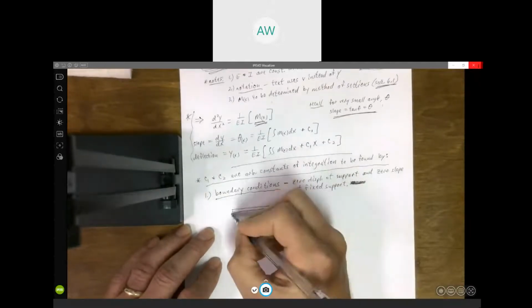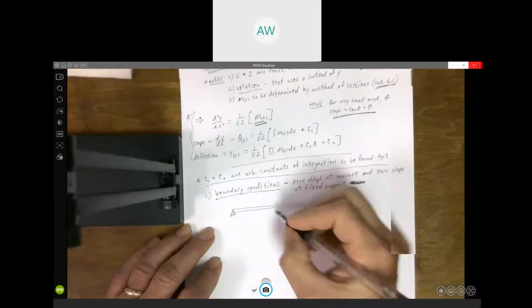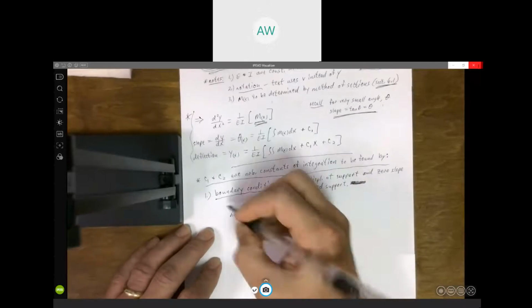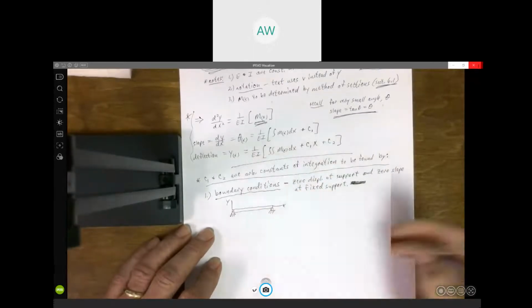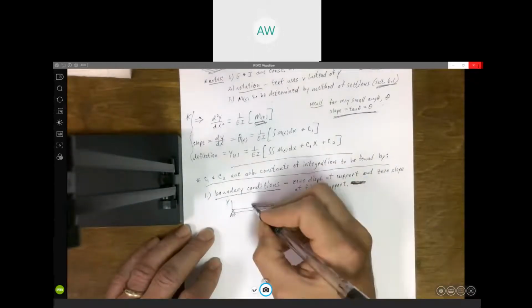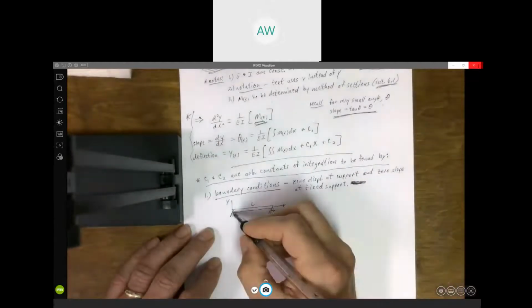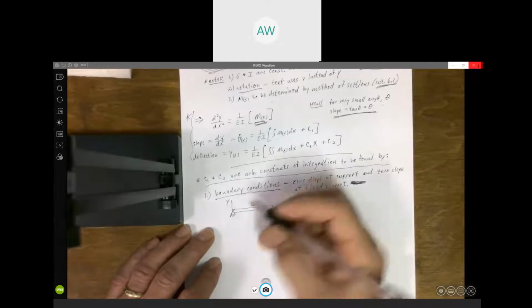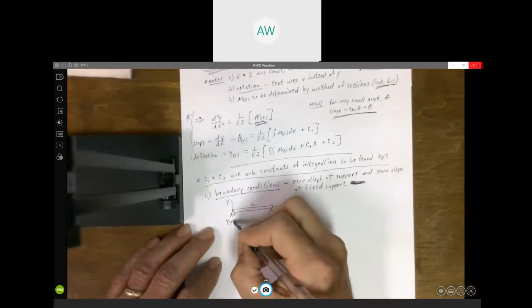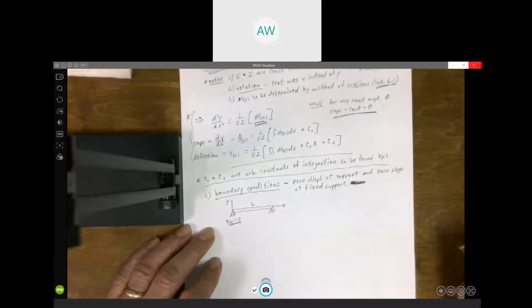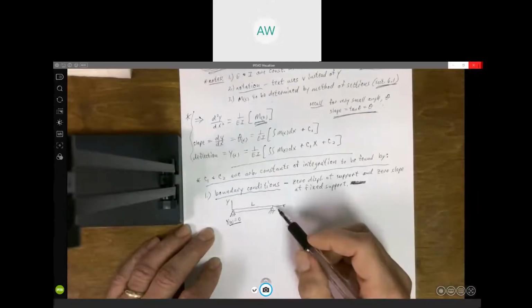If I've got a beam like this where I've got a pin support and a roller support, and let's say this beam's got some length L. So I know at this end, when x is 0, y is 0. Right? That beam does not move up or down at that pin support. Over here at the right end, I've got this roller support.